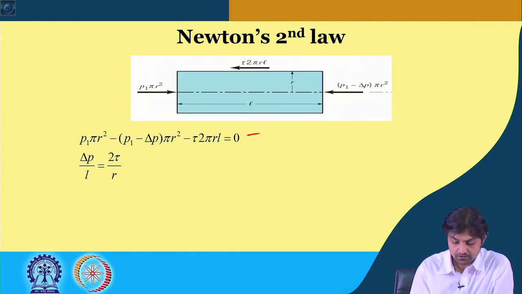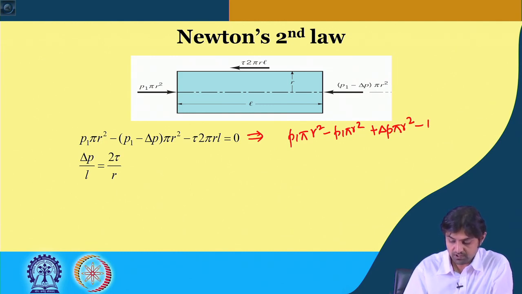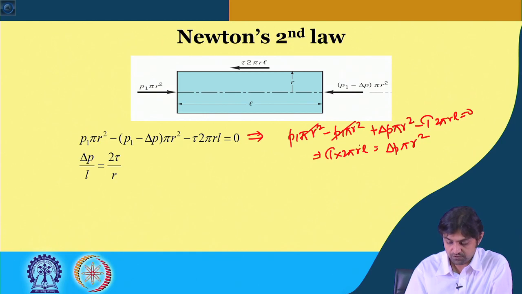So, it will be P1 pi r square minus P1 pi r square plus delta P pi r square minus tau 2 pi rL is equal to 0. Expanding, this gets cancelled. So, we can write tau into 2 pi rL is equal to delta P pi r square. This r and this r get cancelled, pi and pi get cancelled.